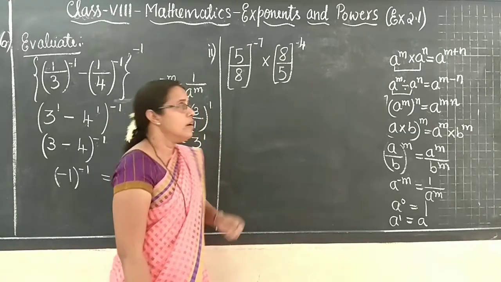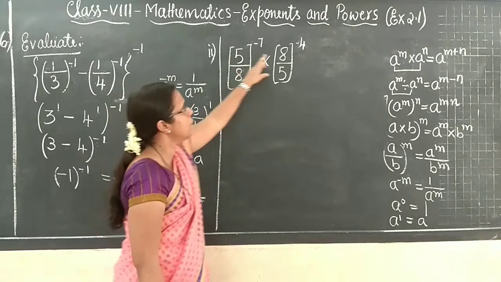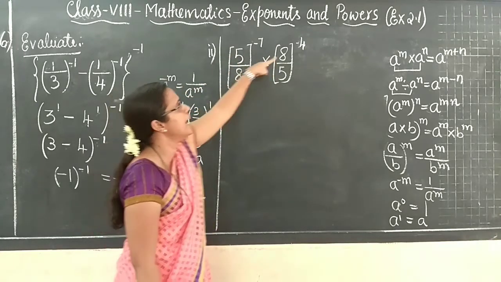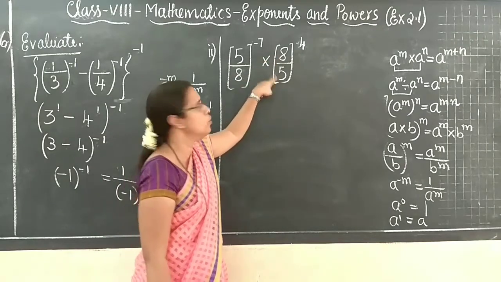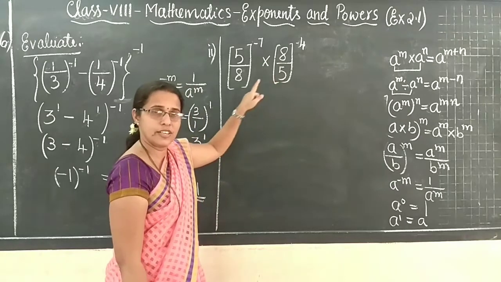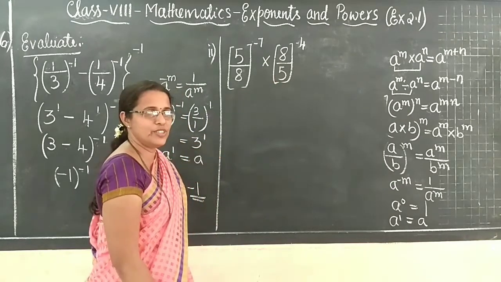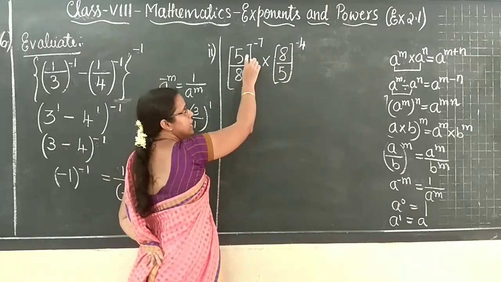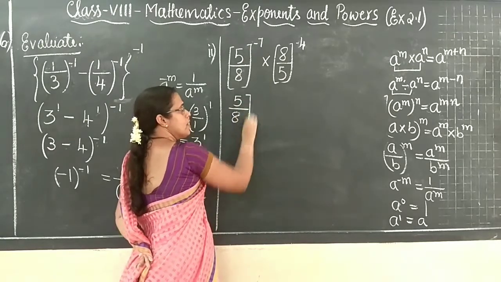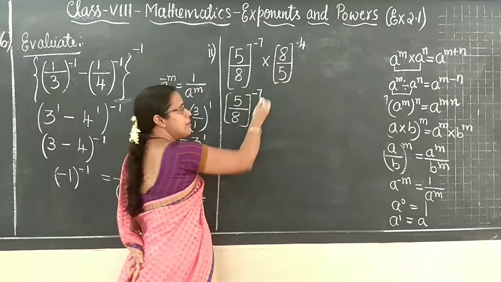So bases are not same, powers are not same. Then, see, children, can I make the bases same here? It is 5 by 8, this is 8 by 5. Can I make this also 5 by 8? Can I do it? Yes. How can I do this? Just see, children: 5 by 8, keep as it is, whole to the power minus 7.